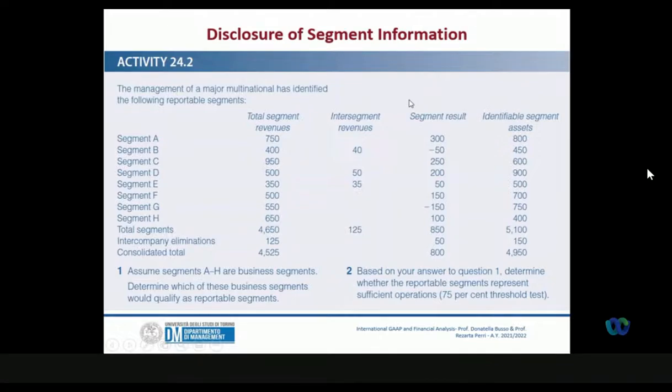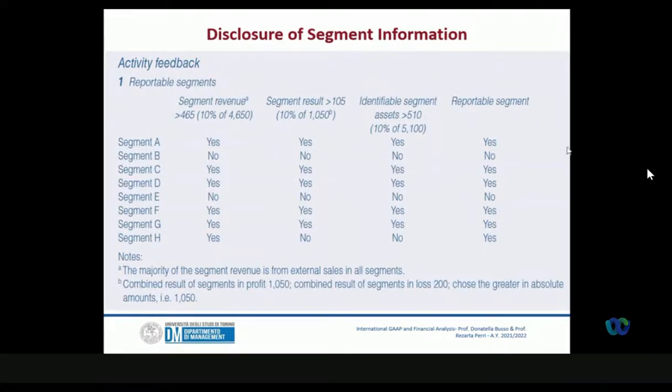Why do we consider segment H? Now you see that segment H is considered because it is a yes to the first threshold. So in case you meet only one of the thresholds, you should report that segment. It's not that you need to fulfill the 3 thresholds or 2 of them.